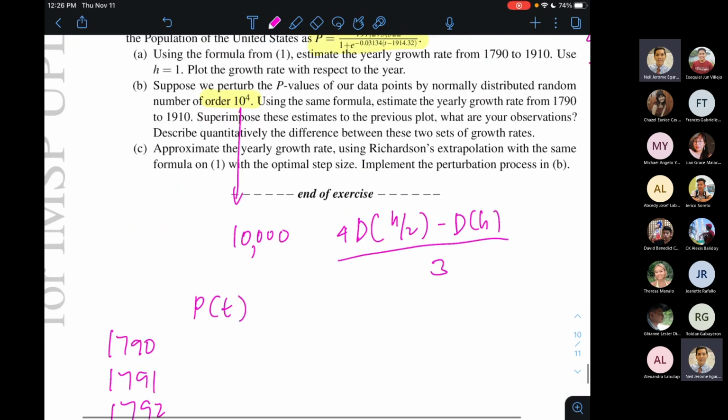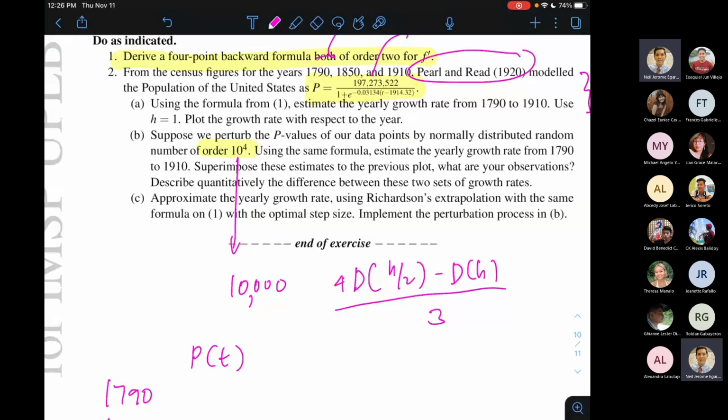I think na-gets ko na yung question ni CK. Ano yung i-plug in natin na T value here? I think the T value here is the number of years. So ibig sabihin, kasi ito ay 1790, 1850, and 1910. Can you guys try plugging in T equals say t equals 0 or t equals 1.